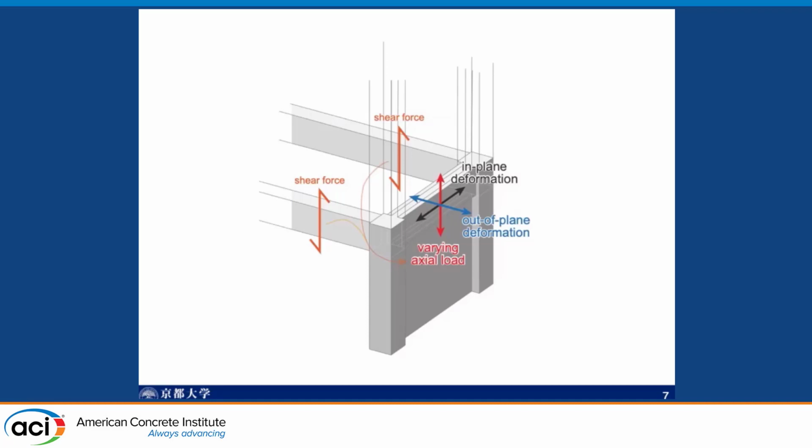From the shear force of those beams, this wall has an axial force. And of course, as the earthquake load is applied in this direction, the axial load on this wall varies.